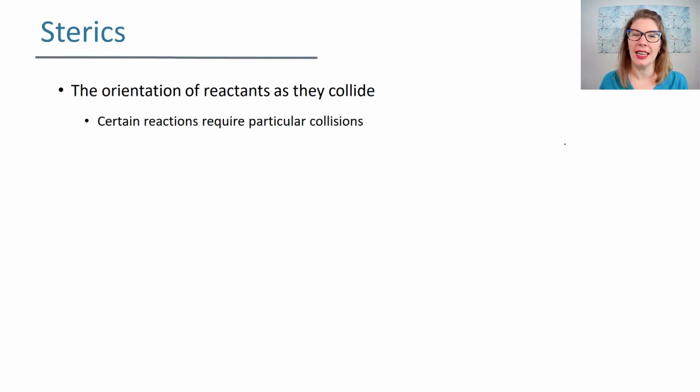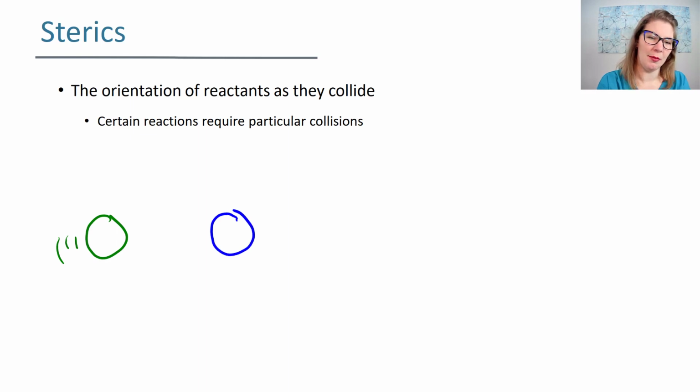The third thing that can impact the rate of reaction is something called sterics. If we go back to that idea of collision, right? So here's a molecule that's moving, and here's another molecule that's maybe also moving. When molecules collide in a reaction, if this one collides, say, this direction, the reaction is going to happen.